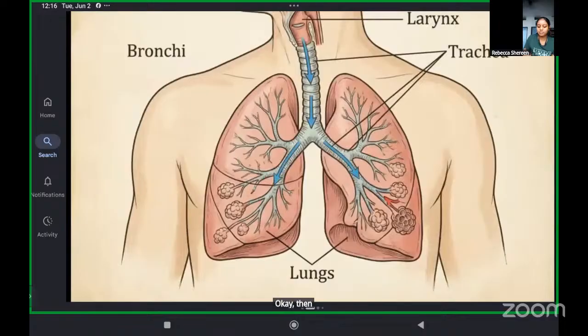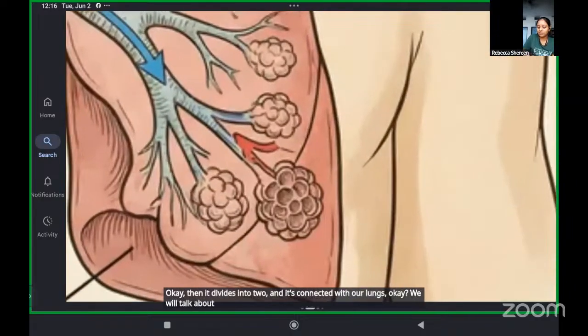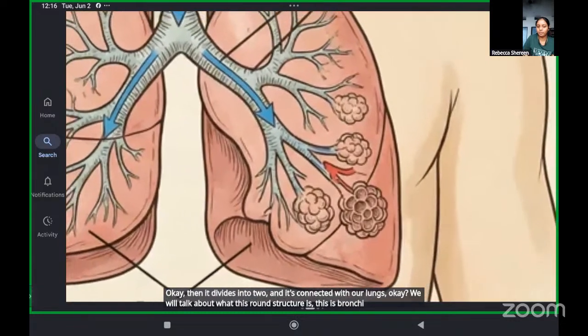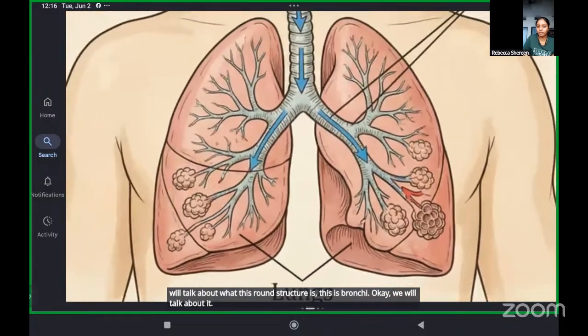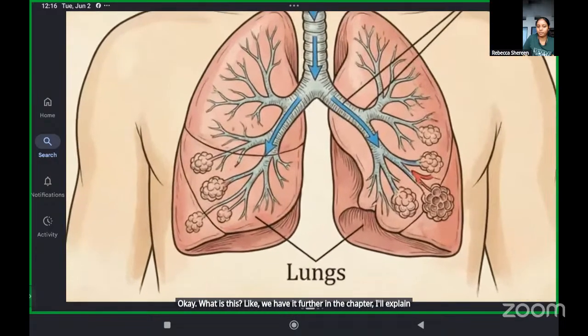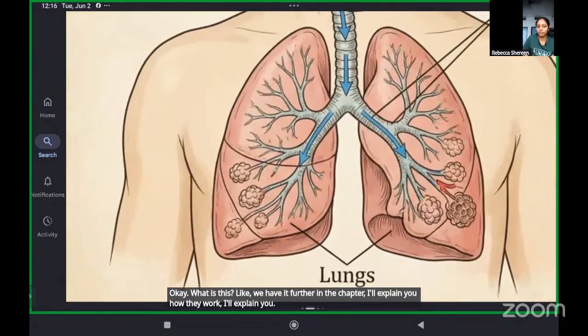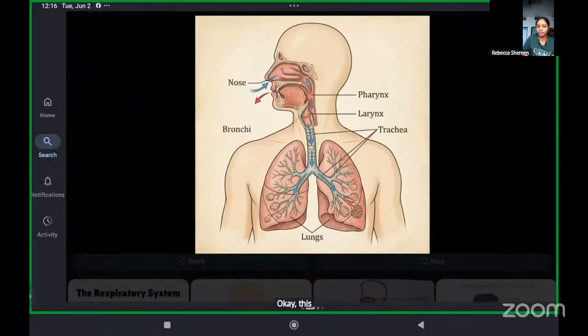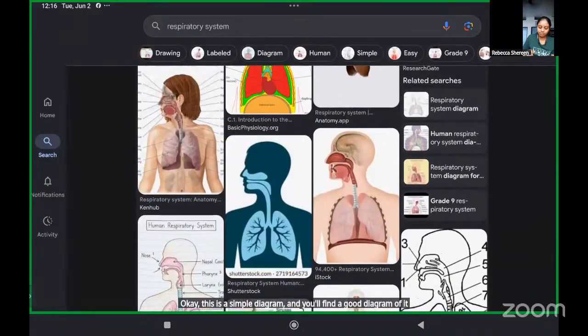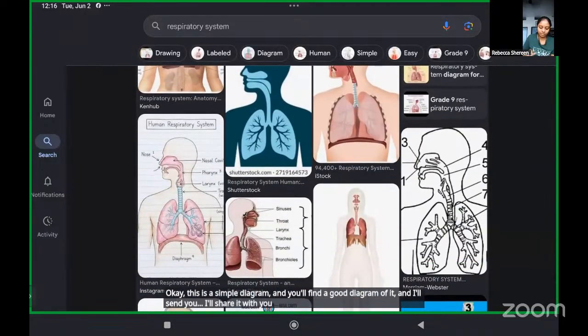Then it divides into two and is connected with our lungs. We will talk about what this round structure is, the bronchi. I'll explain how they work. This is a simple diagram, and I'll find a good diagram and share it with you.